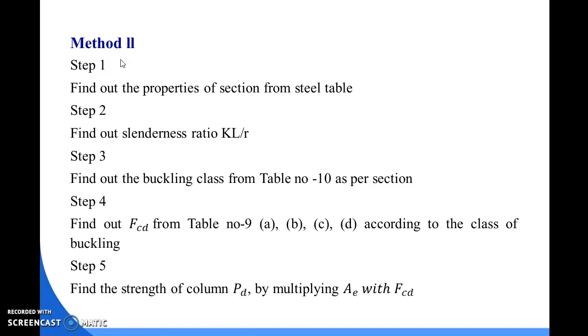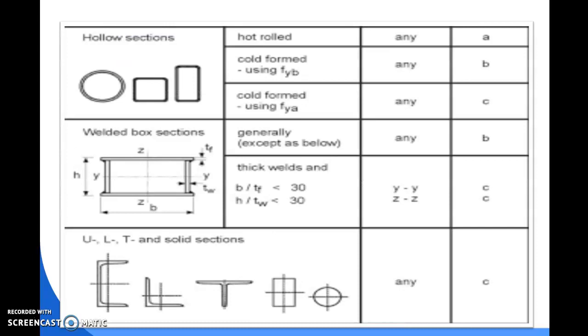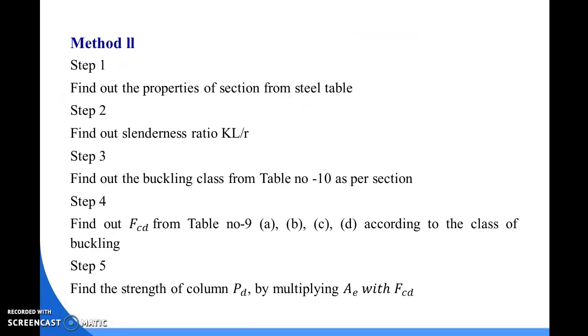Then you have to find out the slenderness ratio and also identify the buckling class of the section from table 10. So up to this much, method 1 and method 2 are the same.